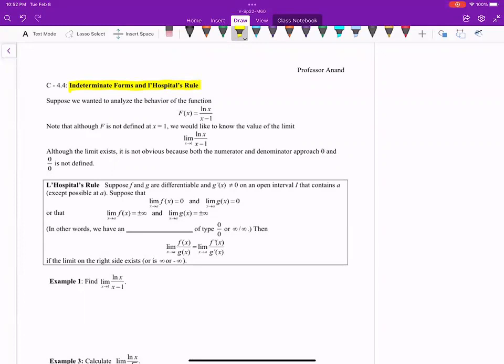So what we want to do is see what happens in the neighborhood of 1. What happens when x approaches 1 from the right side of 1 or from the left side of 1? As it is, when we do the limit as x approaching 1 of ln of x over x minus 1, we try to plug in, we get ln 1 over 1 minus 1. ln 1 is 0, 1 minus 1 is 0, which is an indeterminate form.